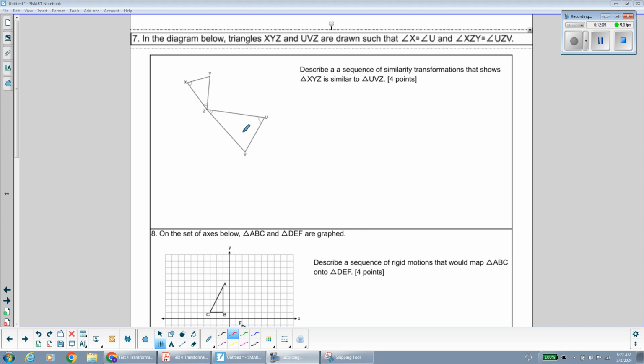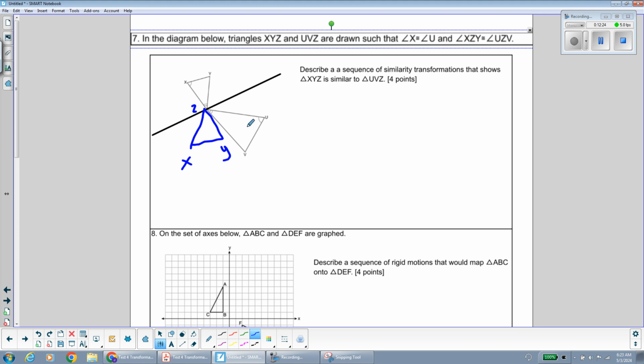Some people said reflection, and I just want to talk about why a reflection does not work. If you reflect, and let's just say you reflected over that line that I drew, mirror image of x is over here, mirror image of y is over here.